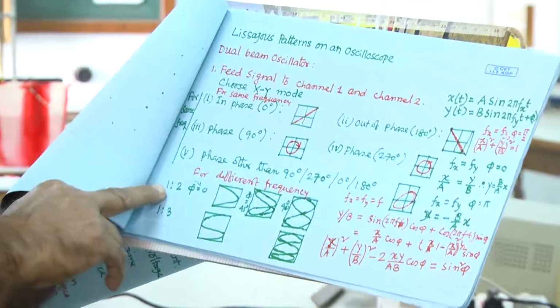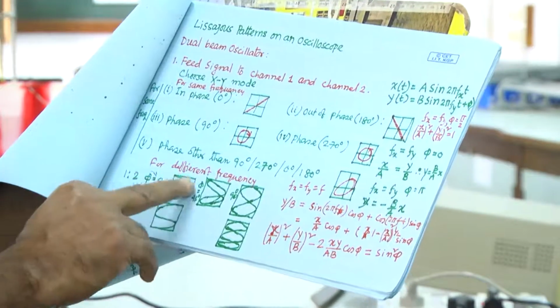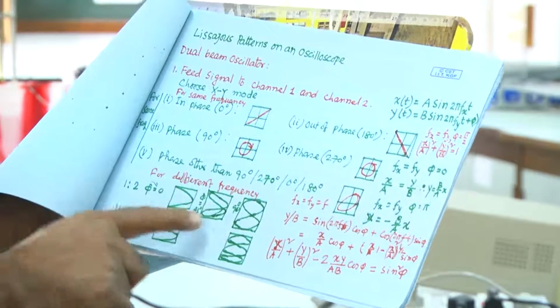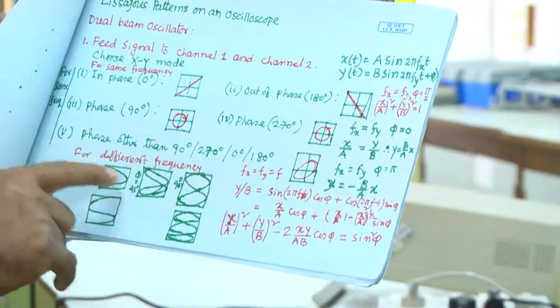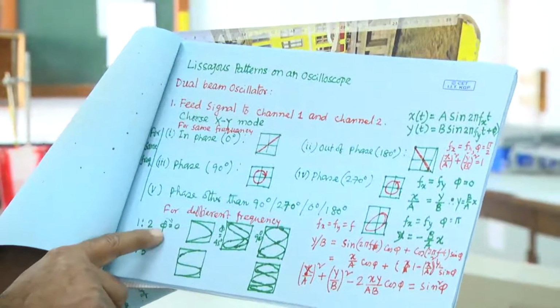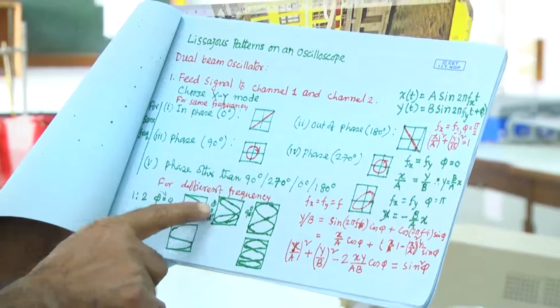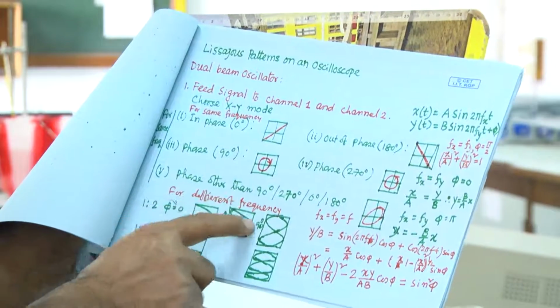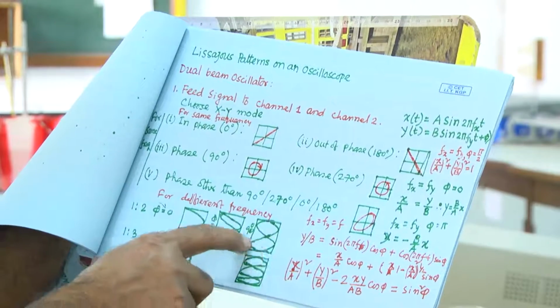If the ratio is 1:2, depending on the phase difference, you get these kinds of figures. For phi equal to 0 you will get this, for phi equal to 45 you will get this, and for 90 degrees you will get this type of thing.